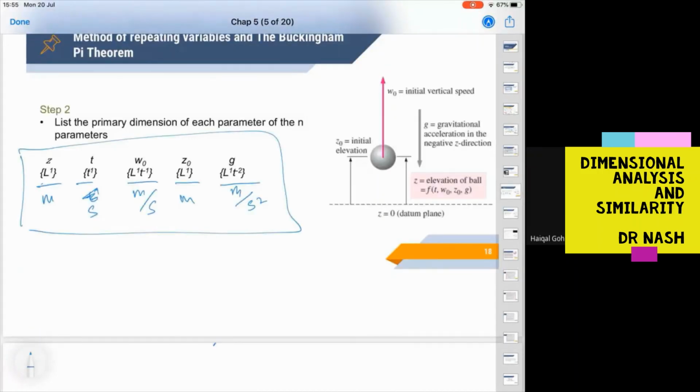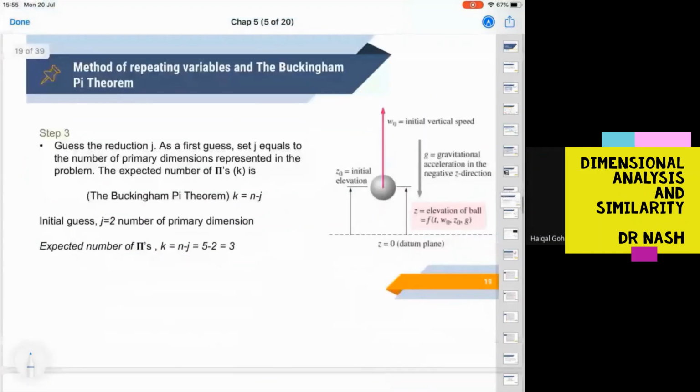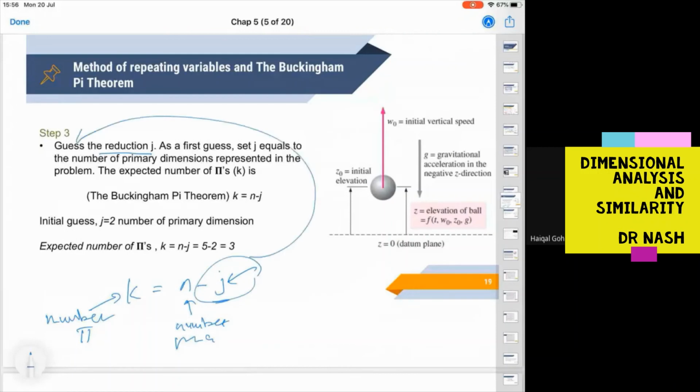Dekat step 3 adalah we want to guess the reduction J, because K equals N minus J. K ni adalah number of pi yang kita nak. Pi 1, pi 2, let's say ada berapa pi, kita buat macam tu. N is apa? Number of parameters. Kalau tadi dalam kes ni number of parameters kita adalah 5 kan? J ni kita nak guess. Maksudnya J ni adalah guessing.